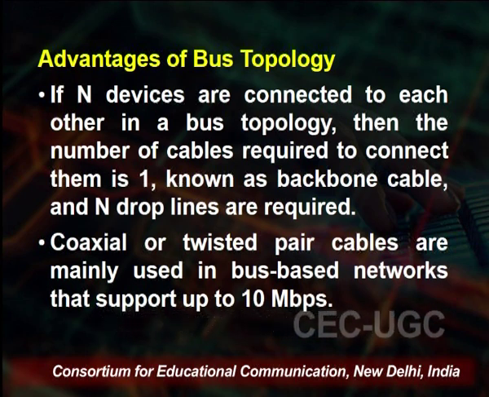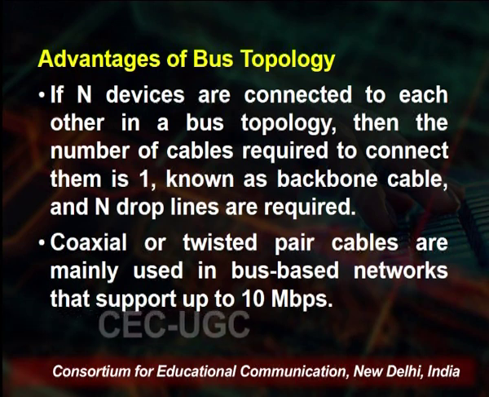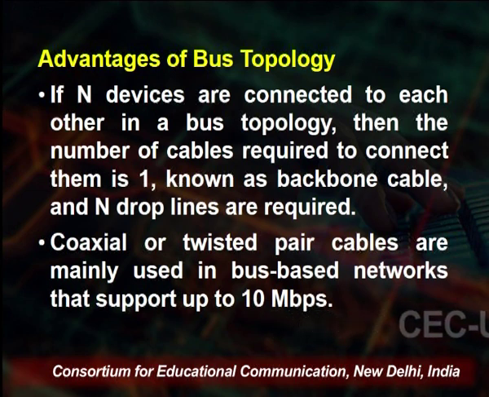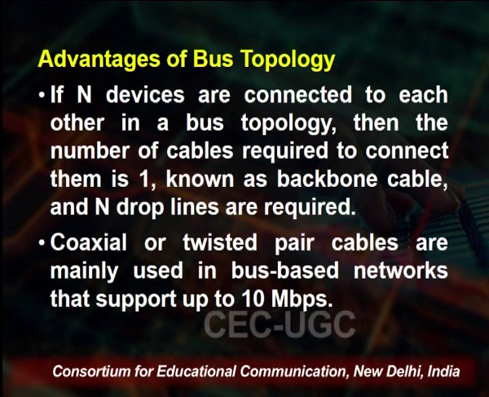What kind of network cables can we use here? You can use coaxial or twisted pair cables. Nowadays you can use some high end technologies also. Bus based networks generally support 10 Mbps data rate.